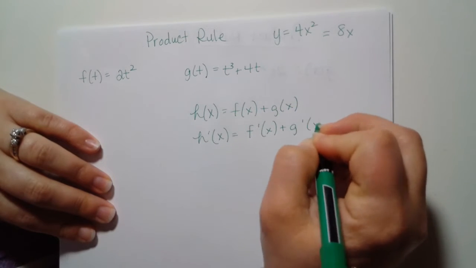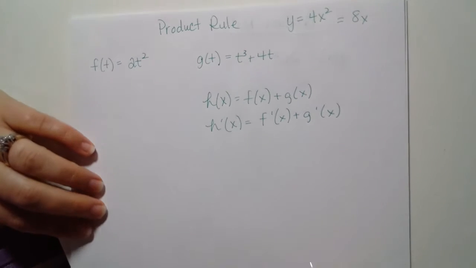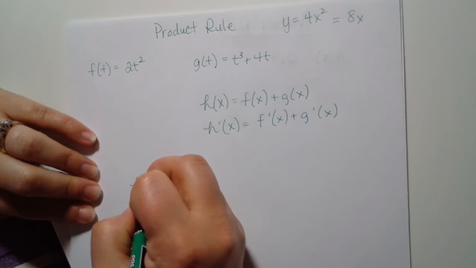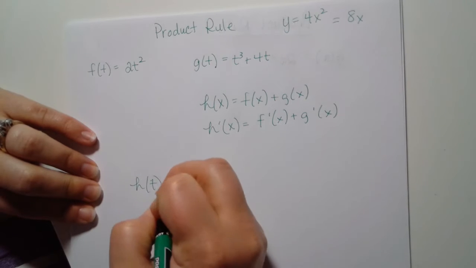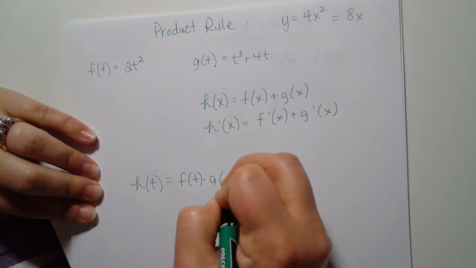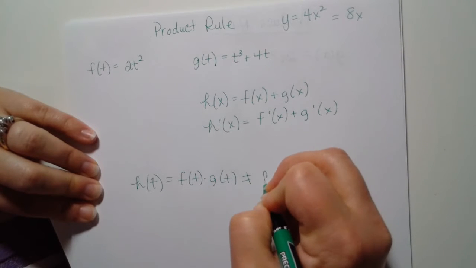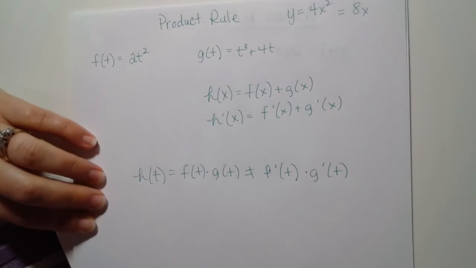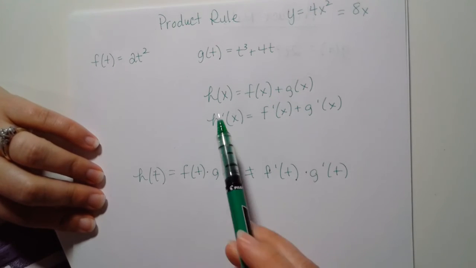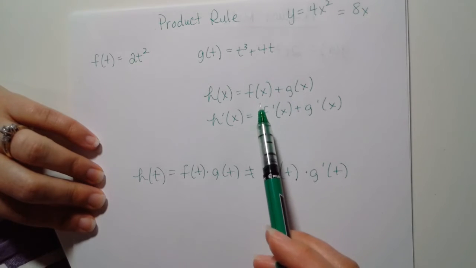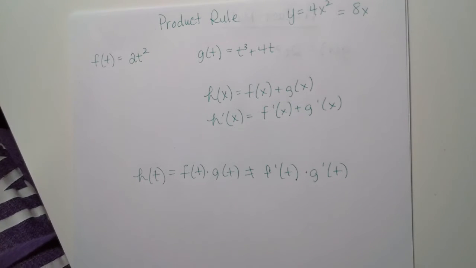Now we've done some activities in class already, and we've shown that if h of t is f of t times g of t, this is not equal to f prime of t times g prime of t. So when it's multiplication, it's not just the derivative times the derivative. If it's addition or subtraction, then we can do the derivative plus or minus the other derivative. But when it's a product, that is different, okay?